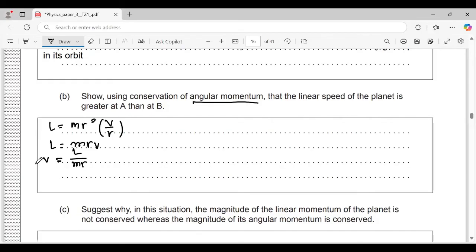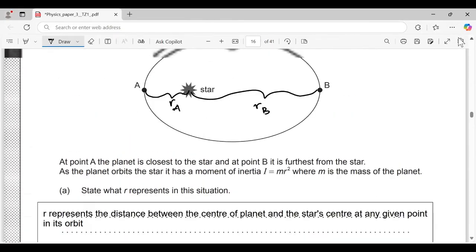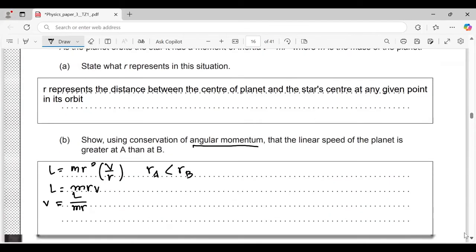Look, if r_A is less than r_B, you may evaluate on this diagram that r_A is less than r_B, or r_B is greater than r_A.